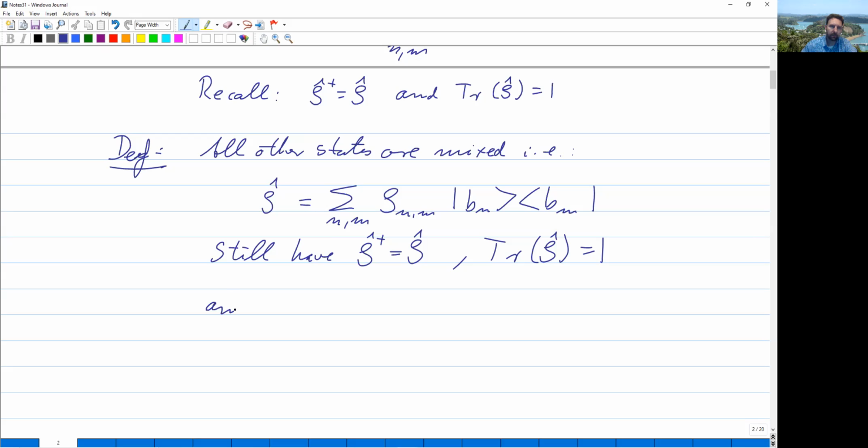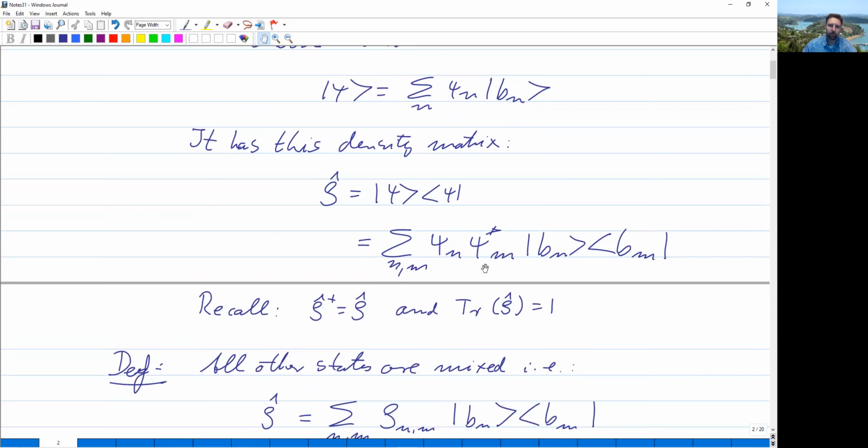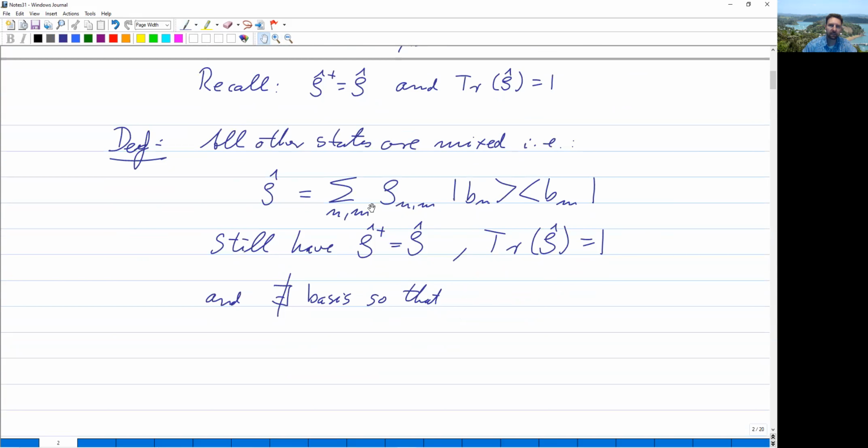And because it's a mixed state, it means there doesn't exist a basis so that rho hat actually factorizes in the form that a pure state would. So there doesn't exist a basis such that rho_nm is equal to psi_n psi star_m.